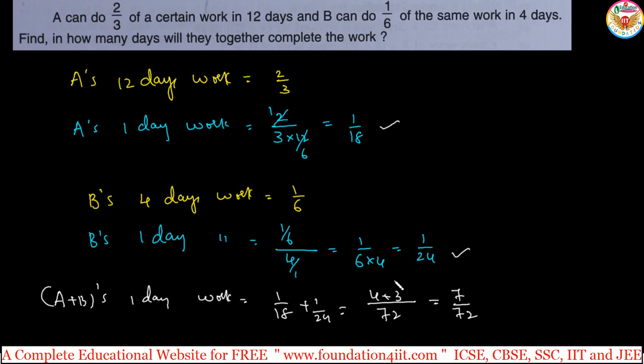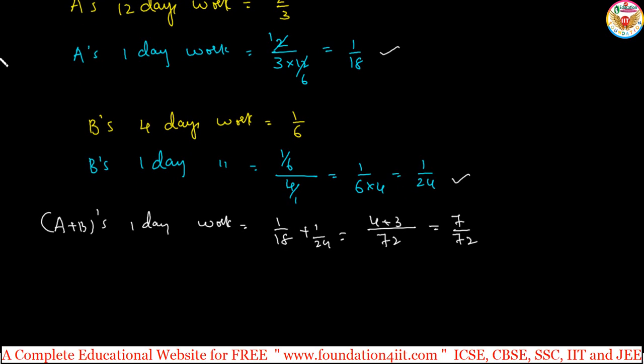Then A and B together can complete the work in the reciprocal of this. So A and B's 1 day work is 7 by 72.